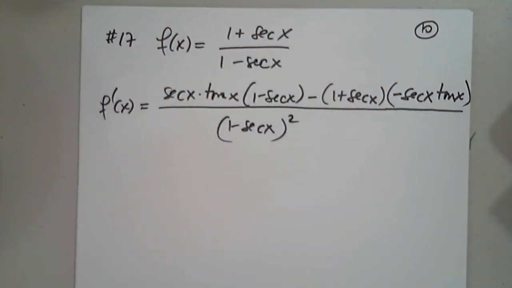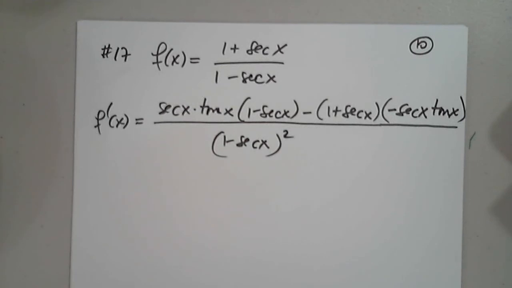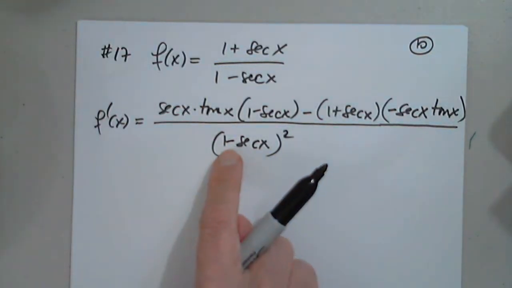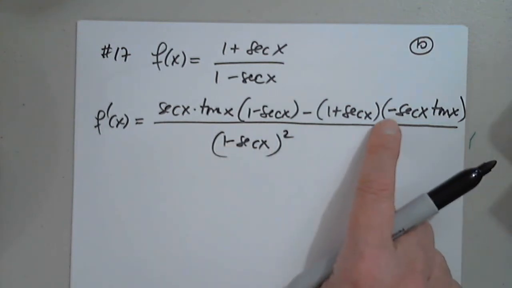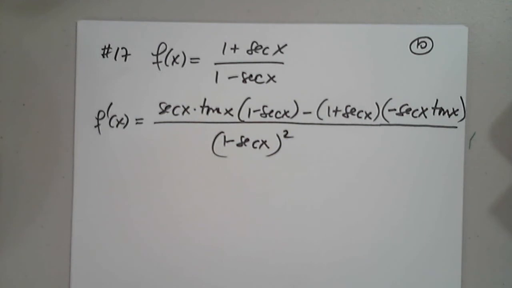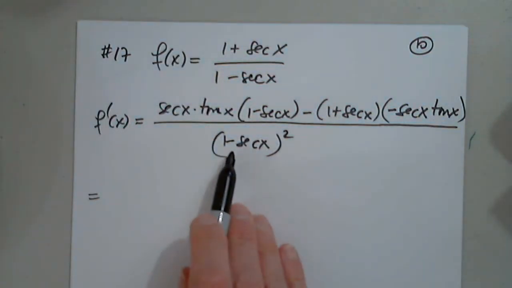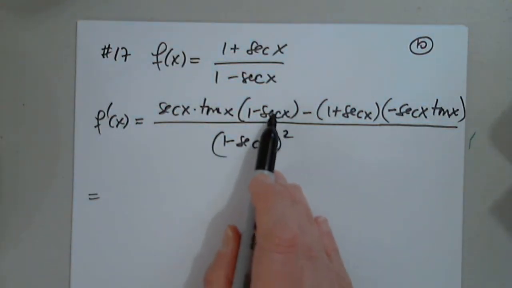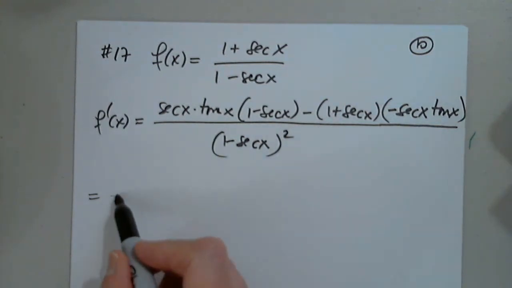Because there is a negative here, I have to copy it. Is this okay? Okay, perfect. So now, do not try to simplify anything with the denominator. Please don't ever attempt this.